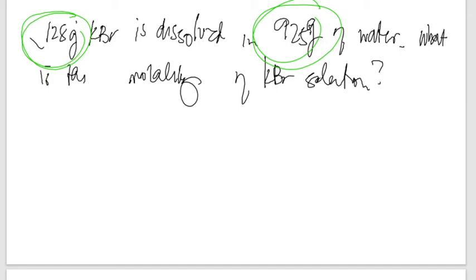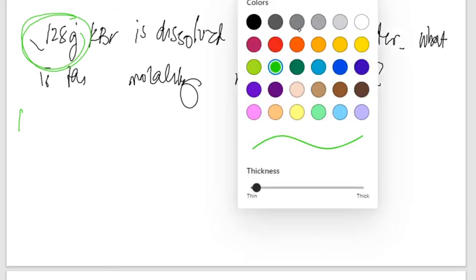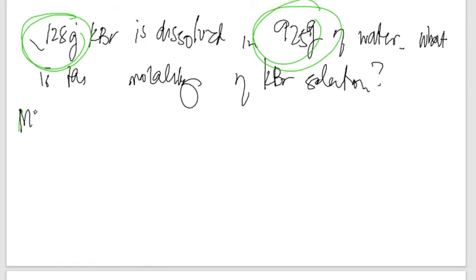So, the molecular weight of your potassium bromide is 119 grams per mole.